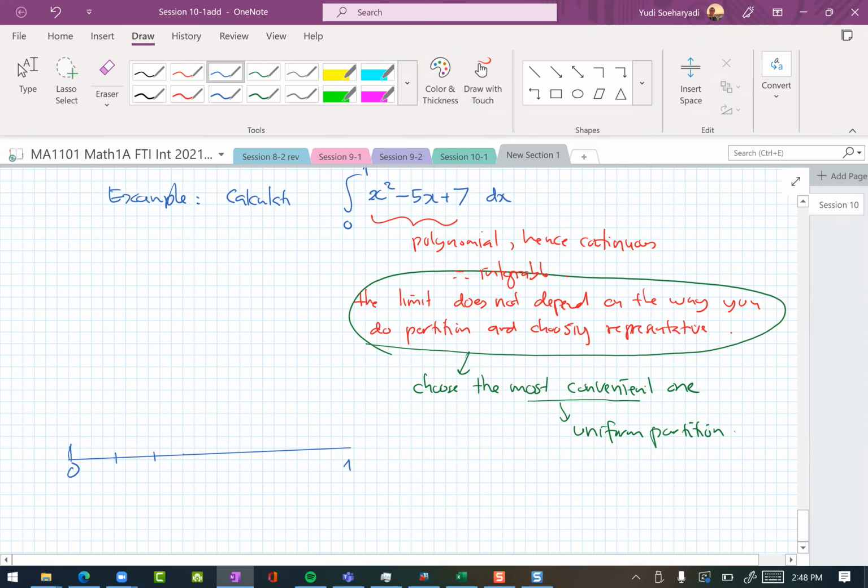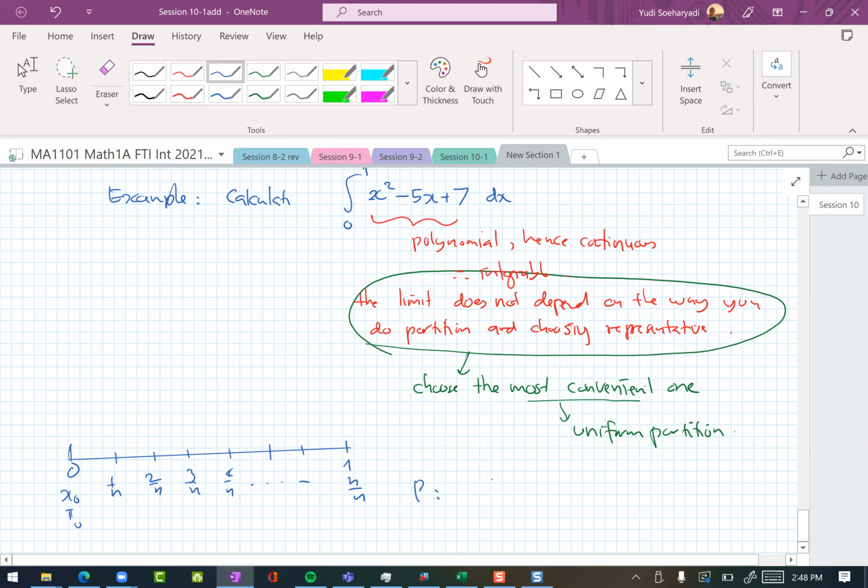Divide into n, so x0. This is 1/n, 2 over n, 3 over n, 4 over n, n over n. Okay, so this is our partitions.